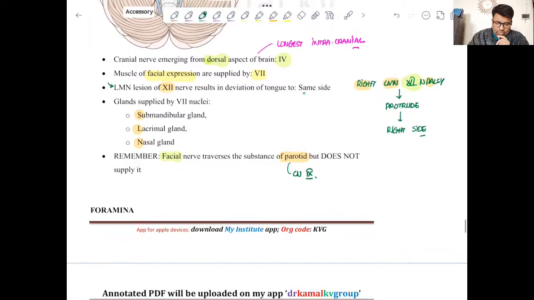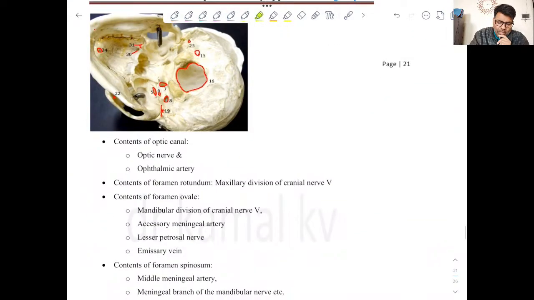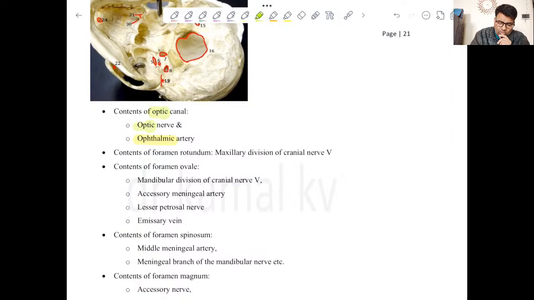Then some skull foramina. Optic canal. As the name suggests, it will give way to optic nerve along with ophthalmic artery. Clear? Foramen rotundum gives way for second division of trigeminal nerve, 5-2.